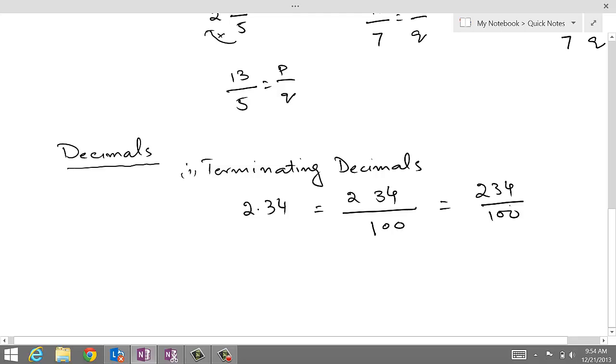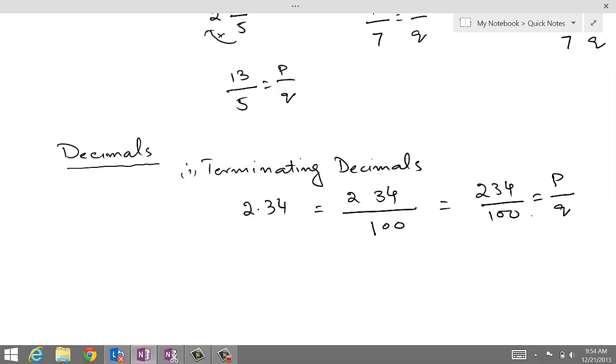This is in the form p over q. We can even reduce this fraction to the lowest form, but even if we don't reduce it, p, the numerator, is 234, which is an integer, and the denominator, which is 100, is q. And the denominator doesn't have 0. So it means all the terminating decimals can be written in the form p over q, and therefore are all rational numbers.